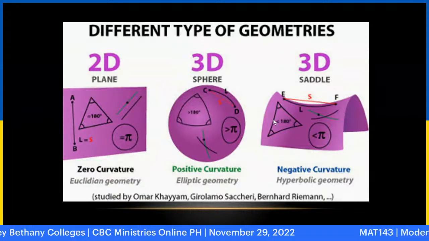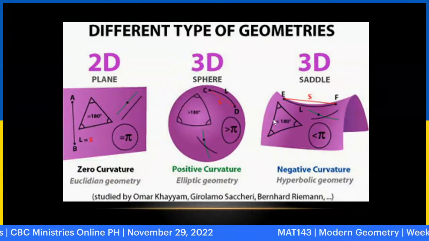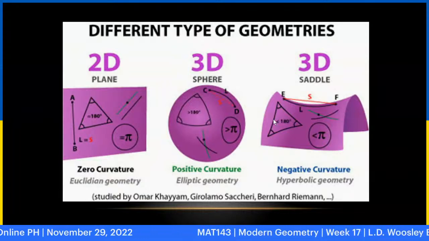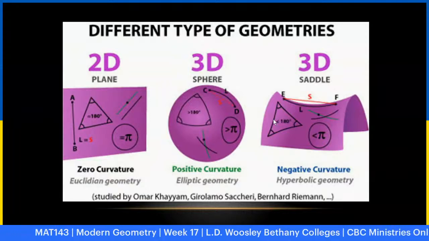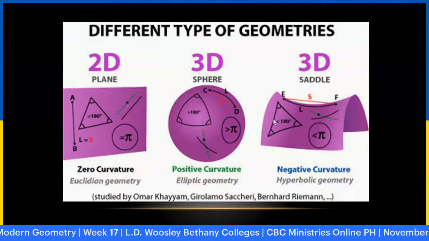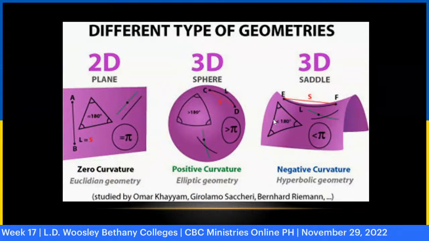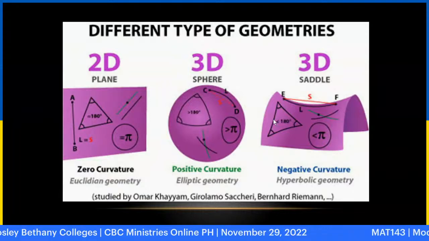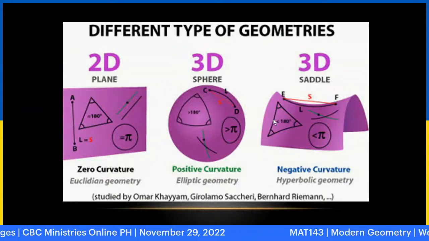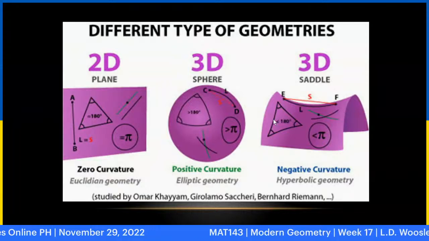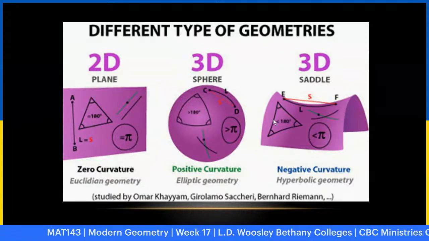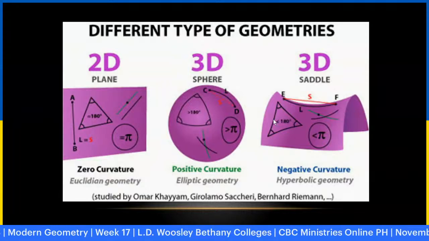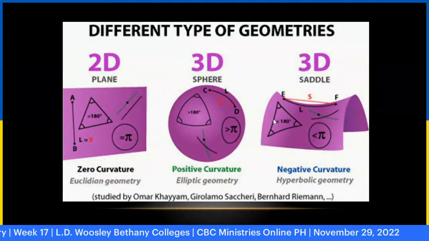For the case of hyperbolic, it's negative. Under negative curvature, you do not fail to have a line of sight. Kasi sa negative curvature, habang lumalayo ka, nakikita mo pa rin.